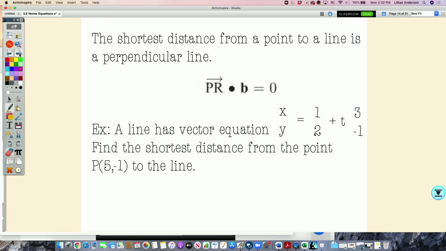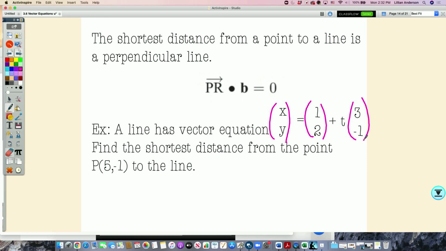Okay? So it says a line has a vector equation, xy equals 1, 2, plus t, 3, negative 1. You want to find the shortest distance from the point P, which is at 5, negative 1, to the line. Okay?